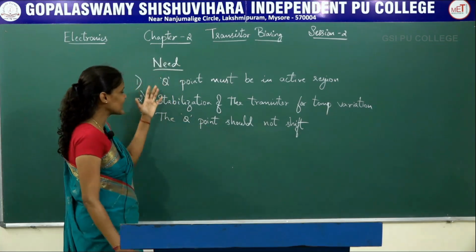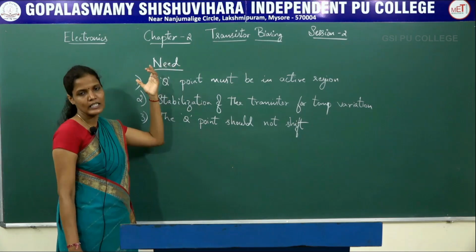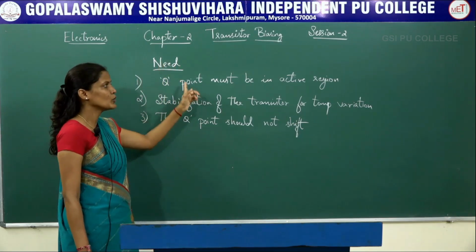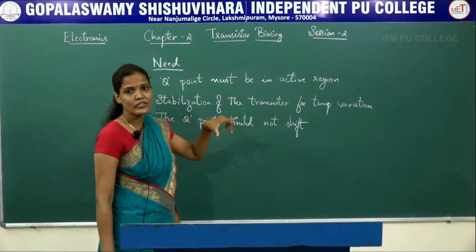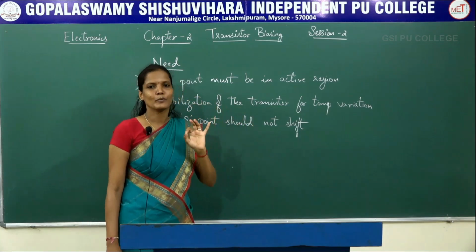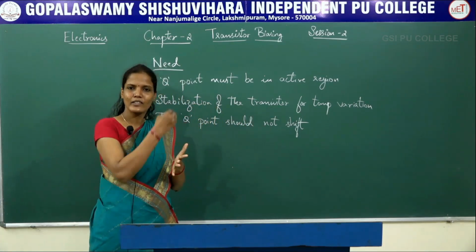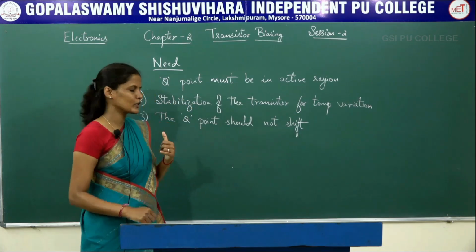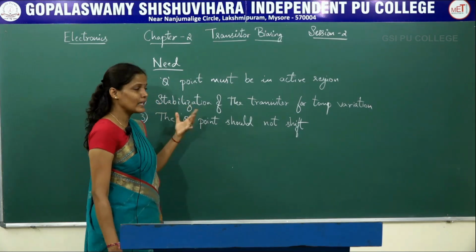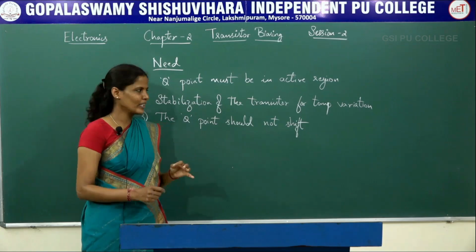So these are the three important points for the need for biasing. One is the Q point must be at the center of the active region when the input signal is applied, that is, it should not shift either towards the saturation region or towards the cutoff region. The second point is stabilization of the transistor for temperature variations.